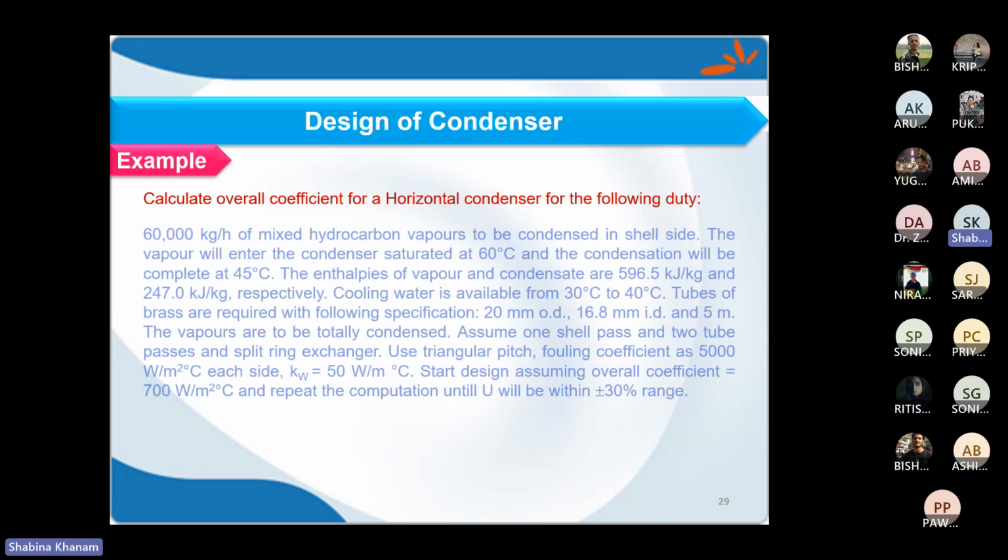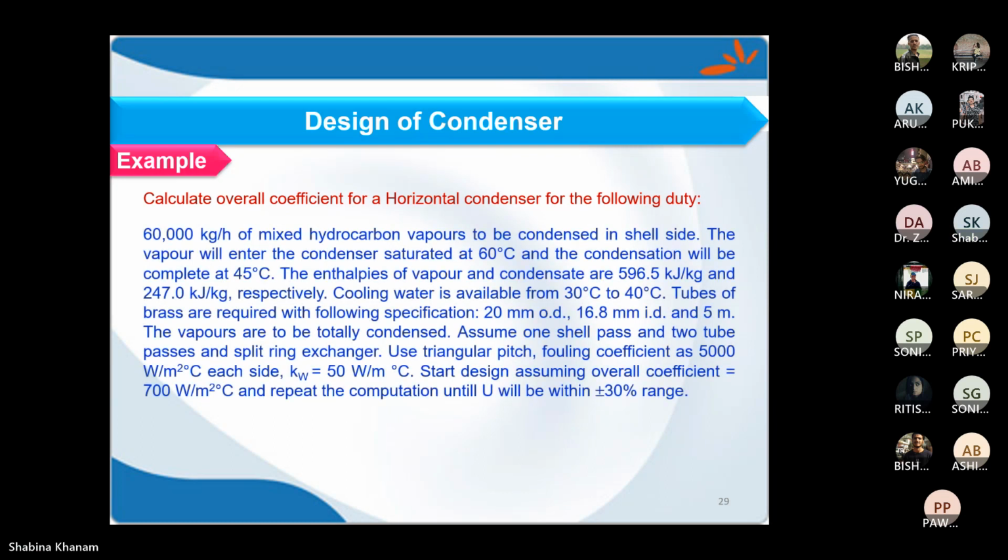Now the problem is that 60,000 kg per hour of mixed hydrocarbon vapors. So the vapor has different components. Mixed hydrocarbon vapor is there, and it is to be condensed on the shell side. So here it is already mentioned that shell side condensation you need to consider in horizontal condenser.